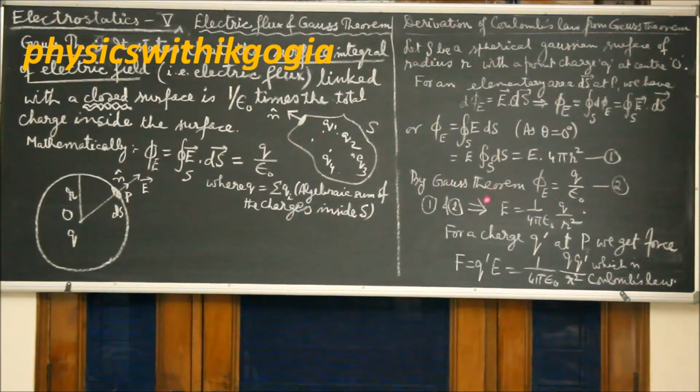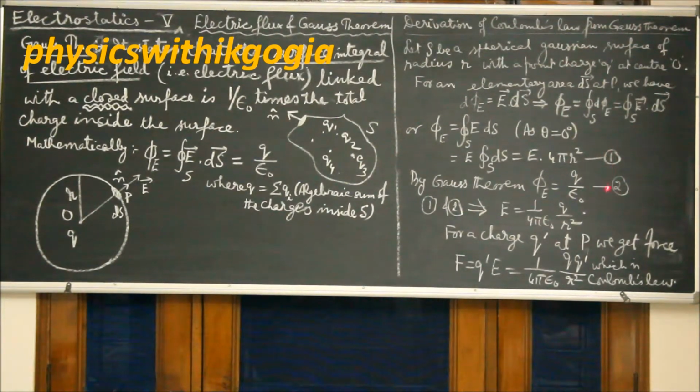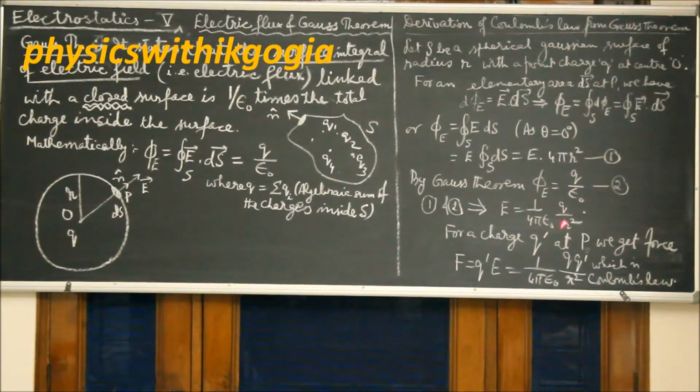And if we apply Gauss theorem, the flux phi E is given by 1 over epsilon naught into the charge enclosed in the surface, which is Q. Comparing these equations, you will get the magnitude of the field as 1 over 4 pi epsilon naught Q over r square.